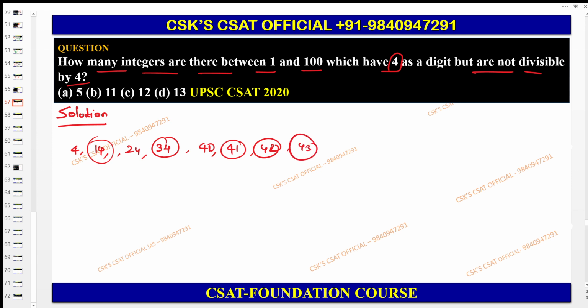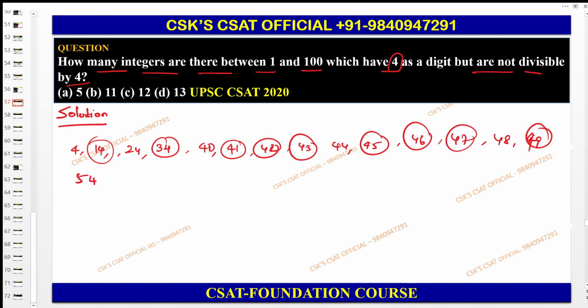43 is not divisible. 44 is divisible. 45 is not divisible. 46 is not divisible. 47 is not divisible. 48 is divisible. 49 is not divisible. Then the 40s are completed. Then 54 is not divisible. 64 is divisible. 74 is not divisible. 84 is divisible. 94 is not divisible.